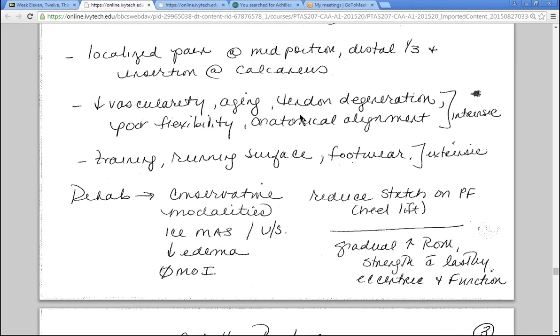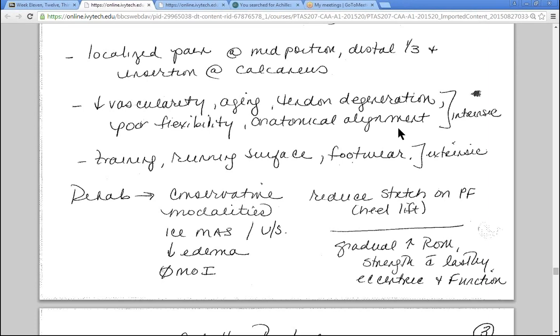Again, the features of the gastroc, the features of the tendon and muscle, and potentially the dynamics of the person's body alignment are intrinsic factors that increase the odds of having problems with the Achilles tendon. So again, the low vascularity, and as we age, the flexibility of that tissue is less. Over time: wear and tear, tendon degeneration, poor flexibility, or anatomical alignment.